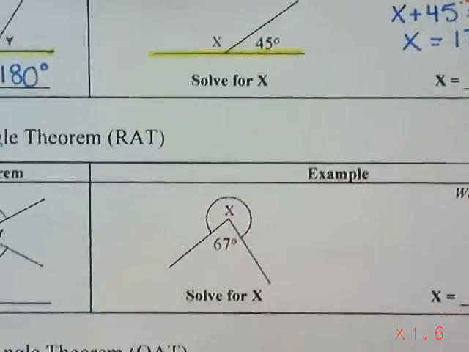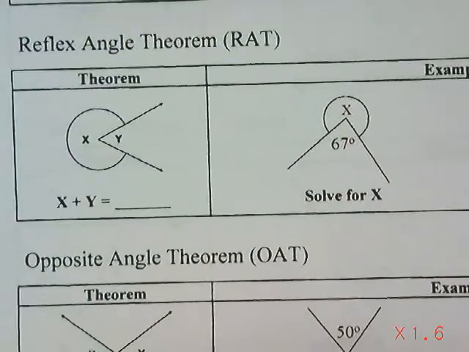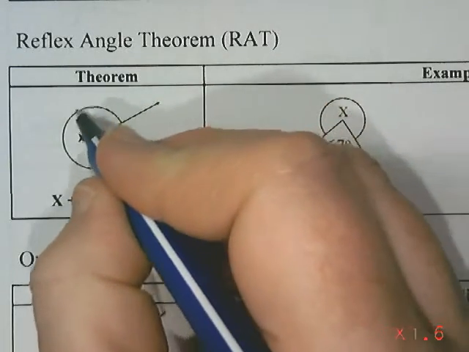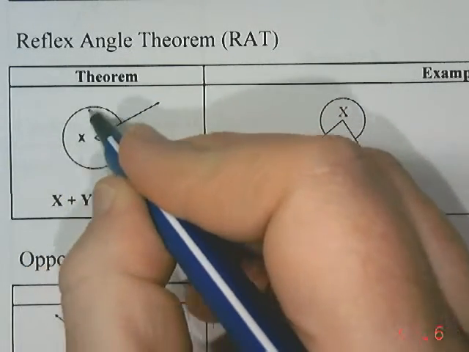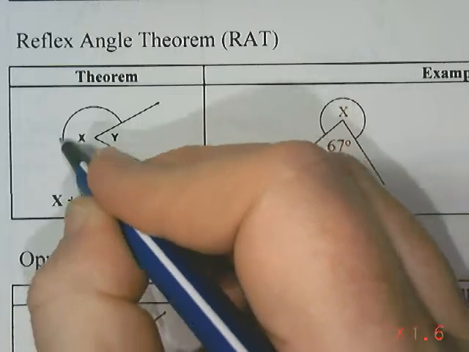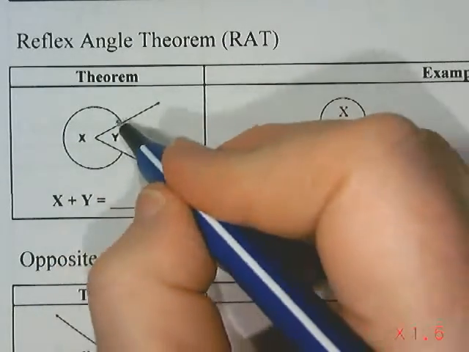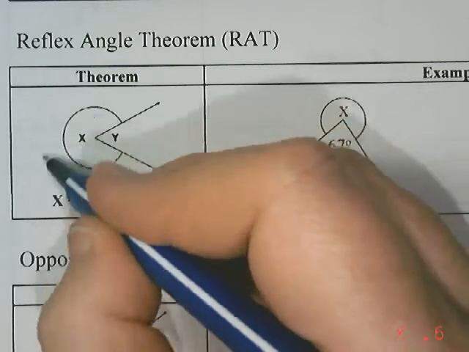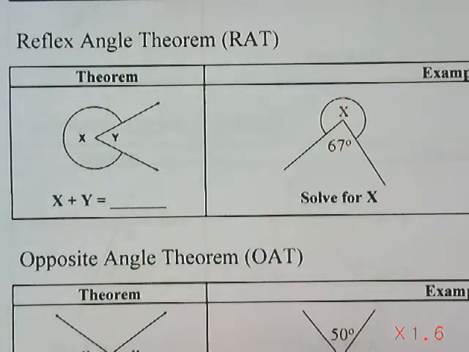All right, our next one up is the reflex angle theorem. So reflex angles are angles that are bigger than 180 degrees. They remind me of Pac-Man, if you know what that is. And if I have two angles together that make a full circle, that's the reflex angle theorem.